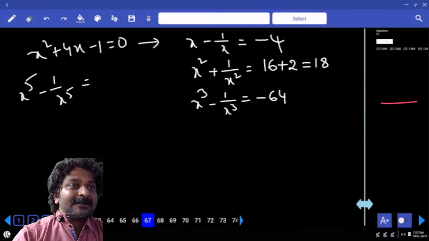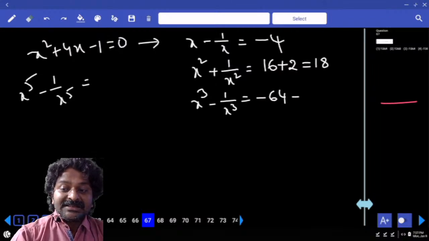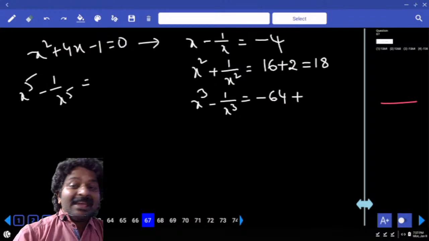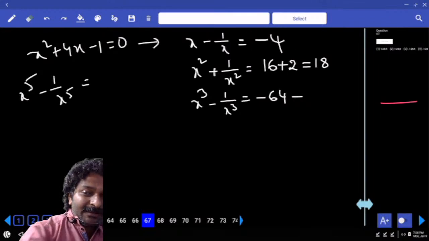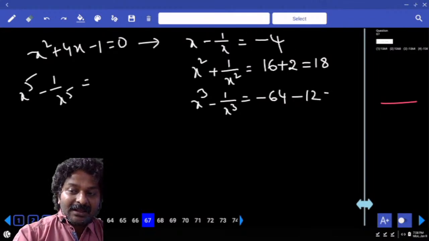Plus or minus? Plus how much? 3a. 3 times minus 4 is minus 12, and plus into minus 12 again becomes minus only. Minus 64 minus 12, how much? Minus 76.